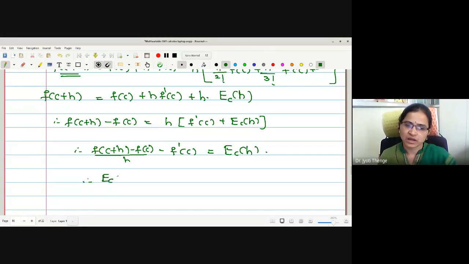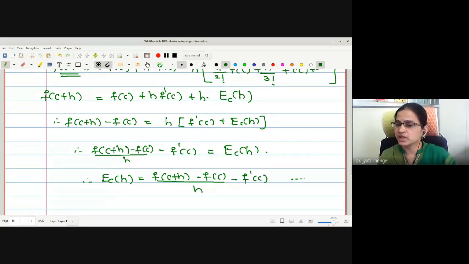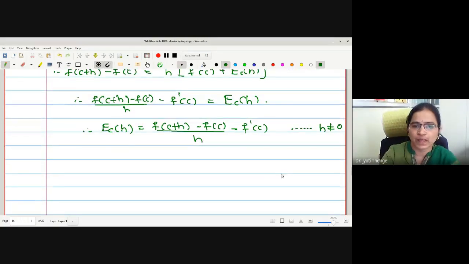E c of h is f of c plus h minus f of c divided by h minus f dash of c. But this is defined only for h not equal to 0.